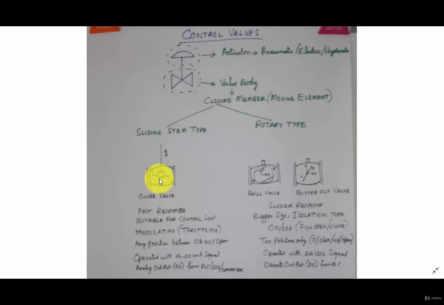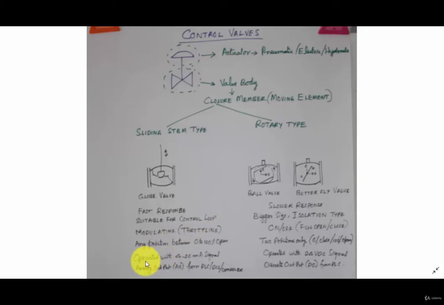That's why it is called modulating service: any position between 0 and 100. If the controller gives 95%, it will follow the command exactly and hold at that position without any problem. That is a modulating or throttling type.